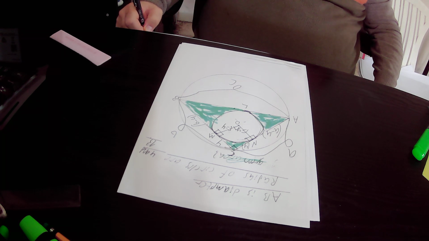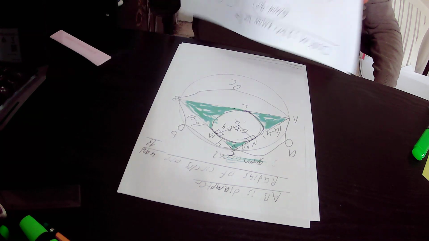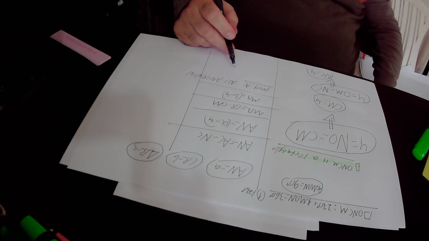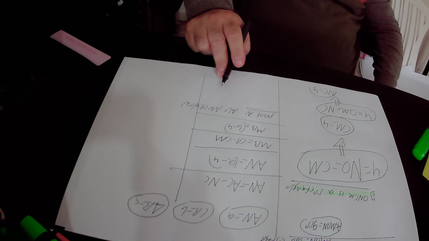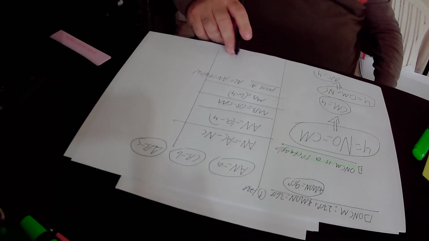And according to this rule, they are equal to each other. Tangent AL equals tangent AN.